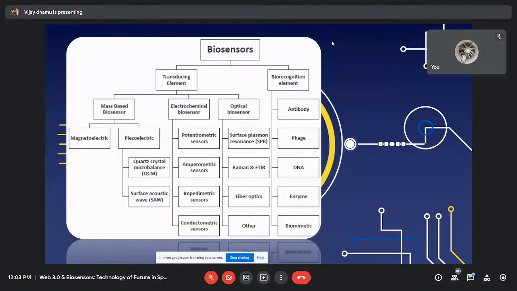A biosensor is divided into multiple subdivisions, but the main ones are the transducing element and the biorecognition element.